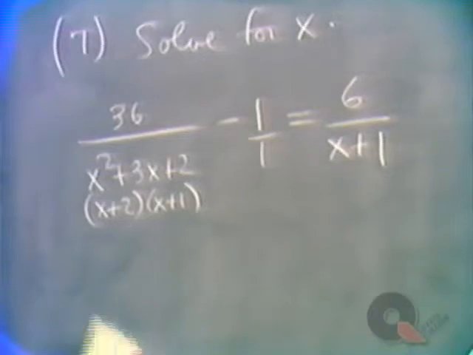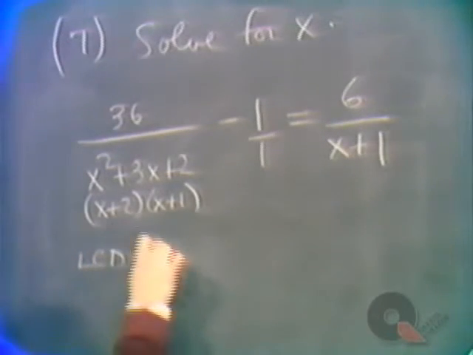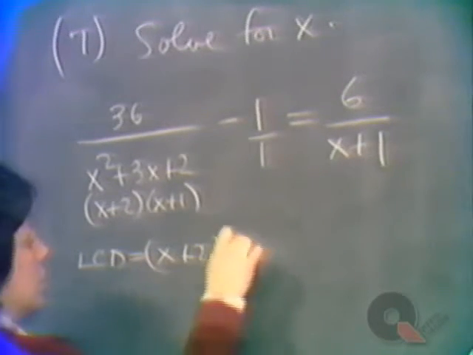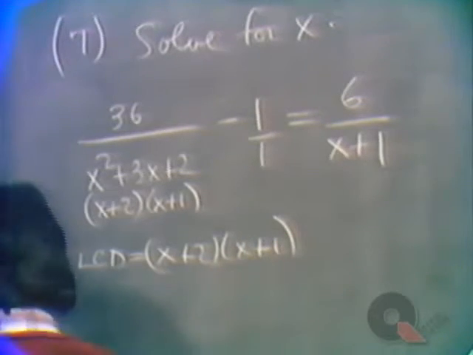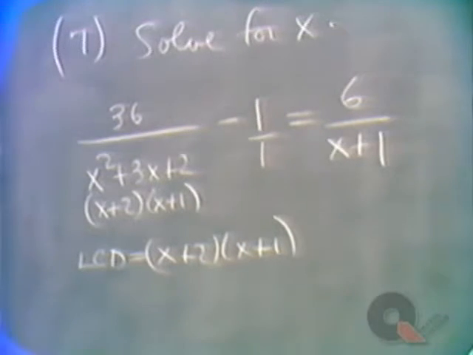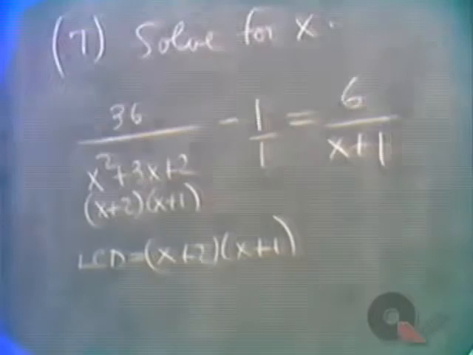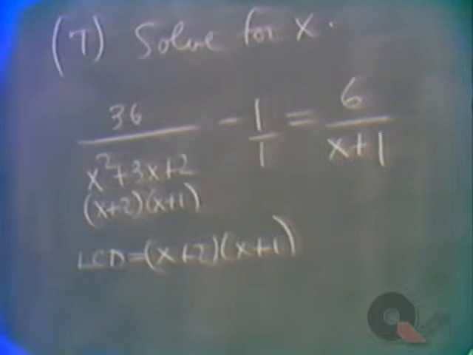And we see that the LCD is x plus 2 times x plus 1. So I'm going to multiply both sides of this equation by x plus 2 times x plus 1.